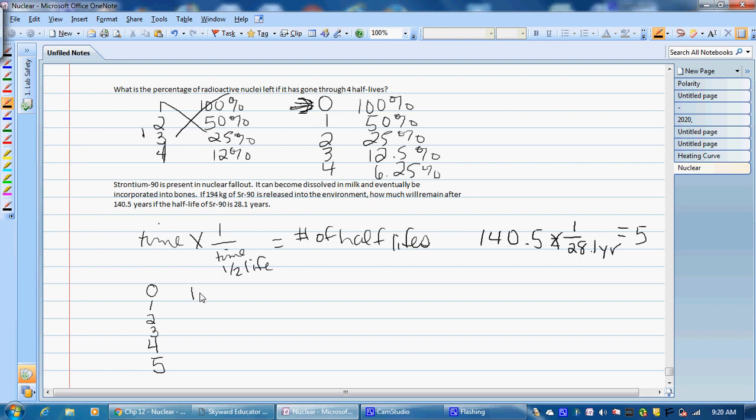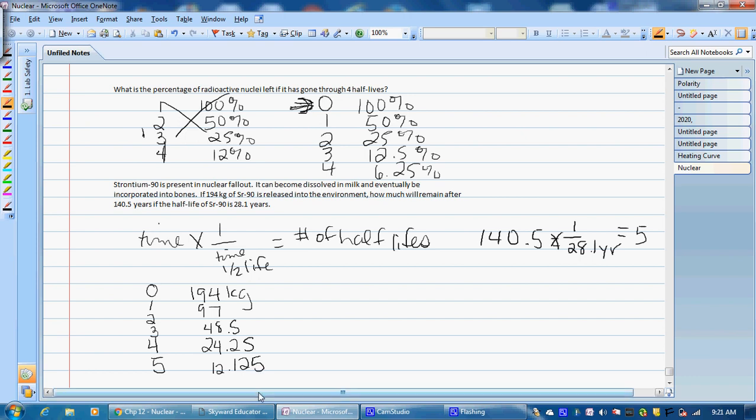So we have 104 kilograms at 0, and then half of that is 97 kilograms, and then 48.5 kilograms, and then 24.25 kilograms, and then 12.125.